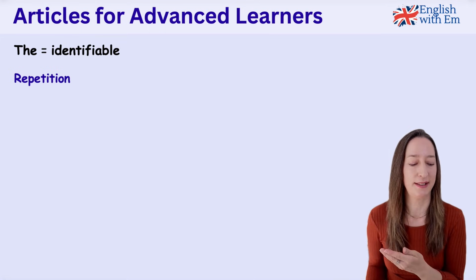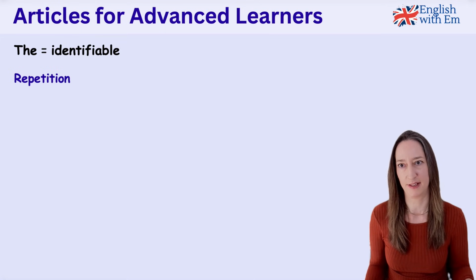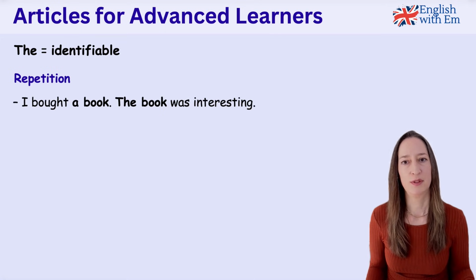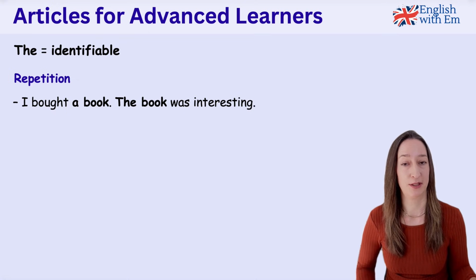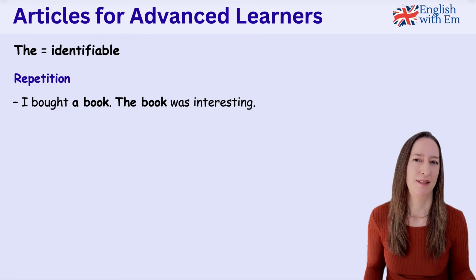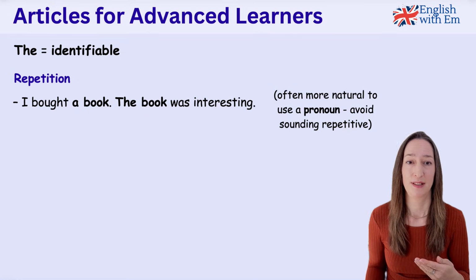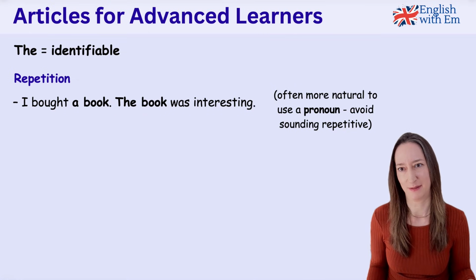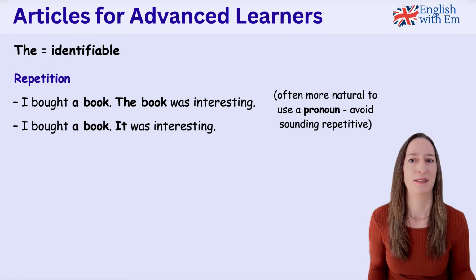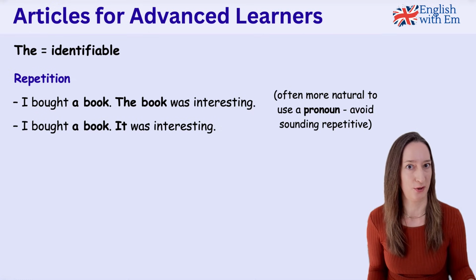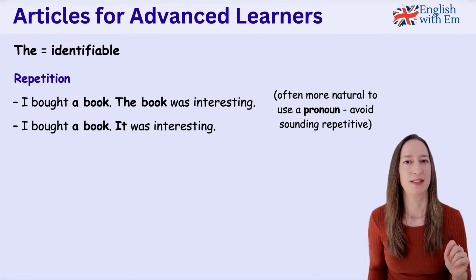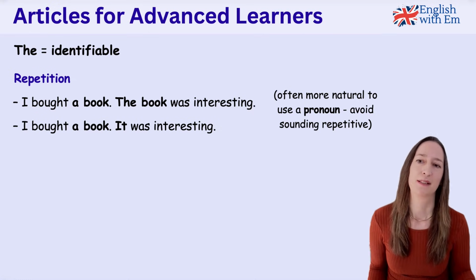So this is another way that a noun becomes identifiable. I bought a book. The book was interesting. Now, in this case, it's often more natural to use a pronoun to avoid sounding repetitive. So we'd probably just say, I bought a book. It was interesting. But this rule is still relevant.